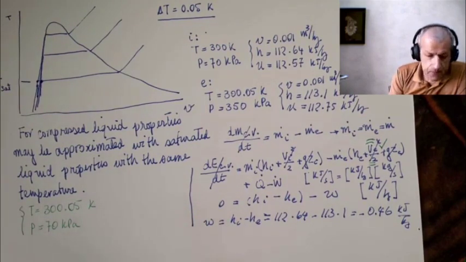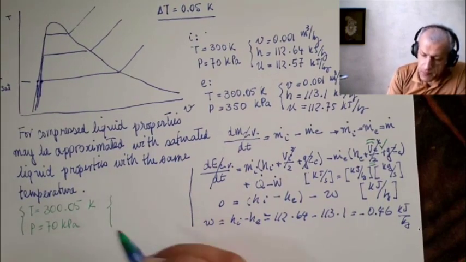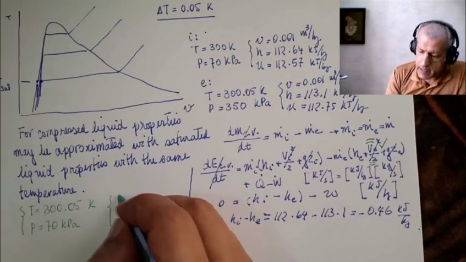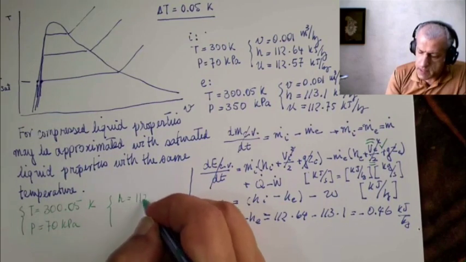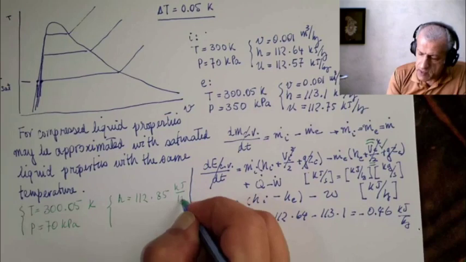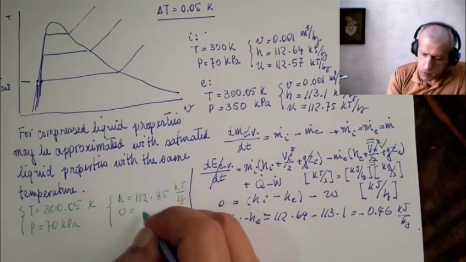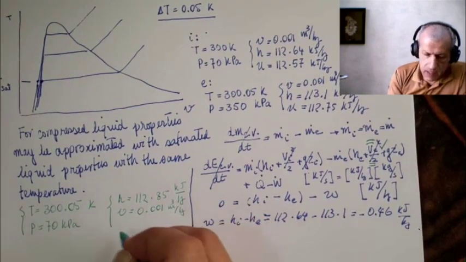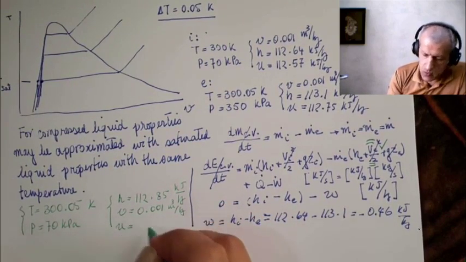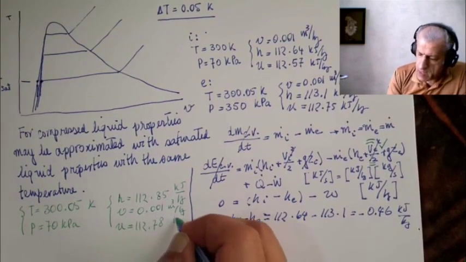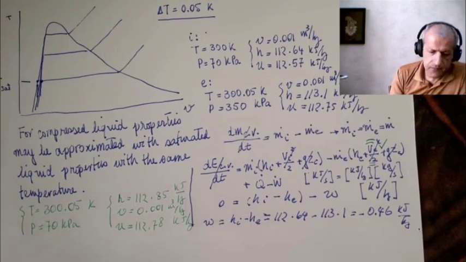Now, for this case, we again read the properties, and h equals 112.85 kilojoules per kilogram. v would be again 0.01 cubic meters per kilogram, and u would be 112.78 kilojoules per kilogram.